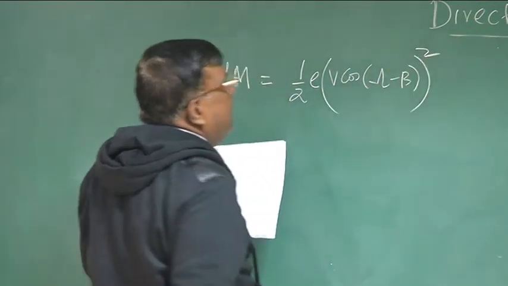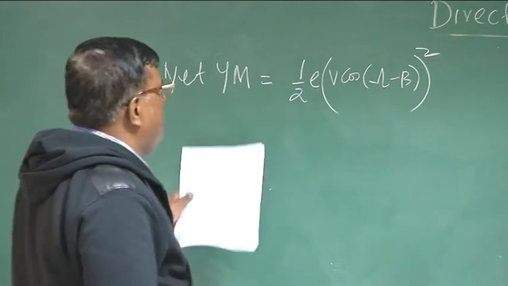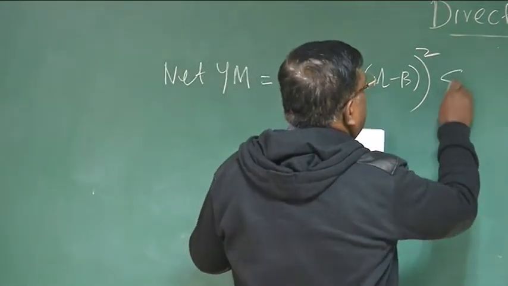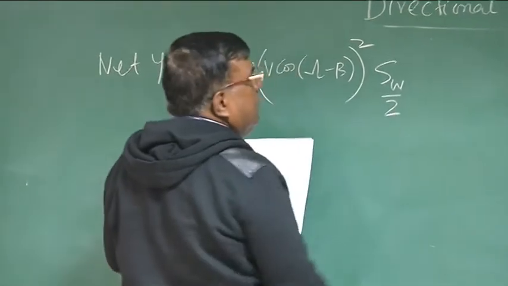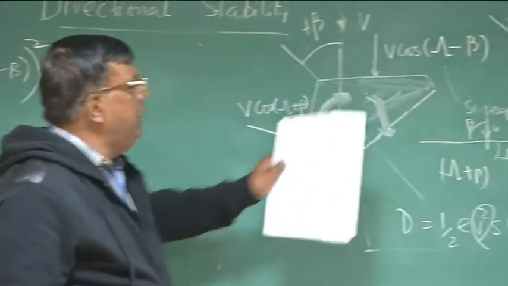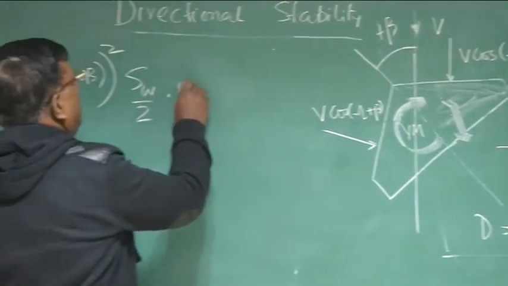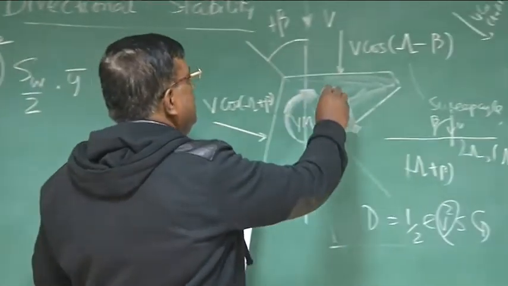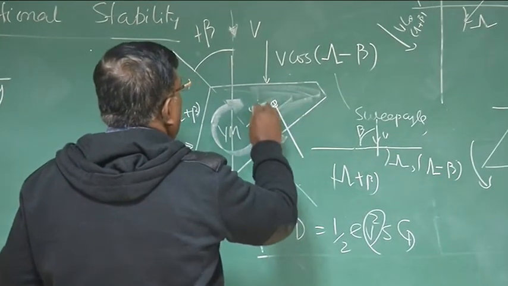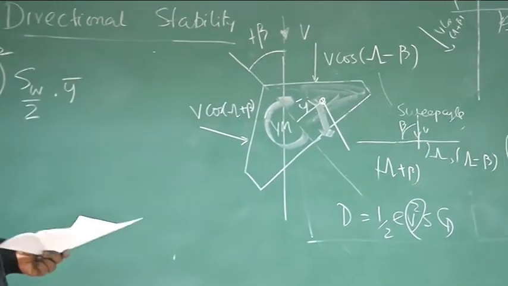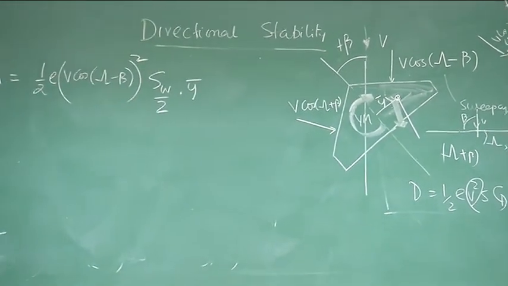Now V on the right wing is V cos(lambda minus beta). So half rho V square, then half of the wing area, S_W by 2, I have to take. I'm considering the right wing, and I'm assuming that the whole force is effective at a distance, let's say, y bar, typically like a centroid of the pressure distribution.